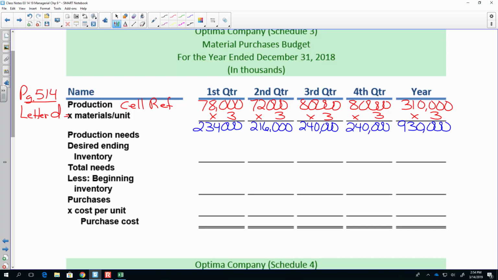That look good? And then when you get done with that, please read letter E for the desired ending inventory levels for raw materials. Letter E. Again, for the third budget, we're using raw material ending inventory information.